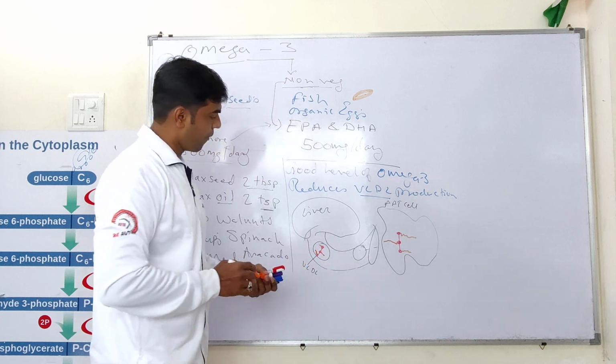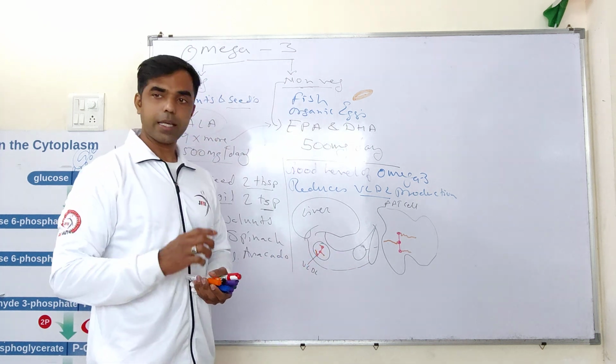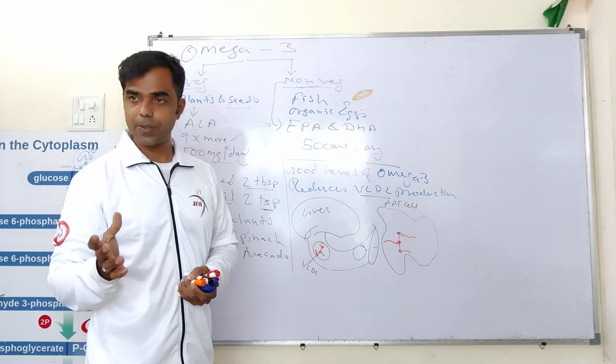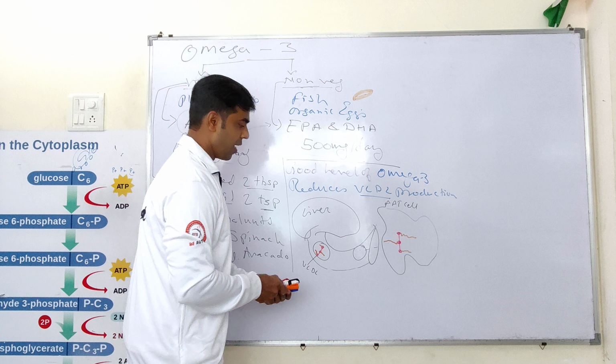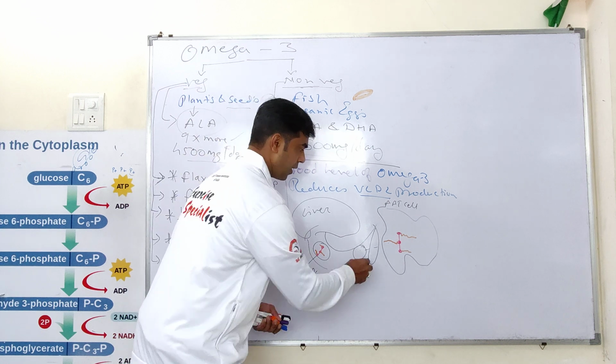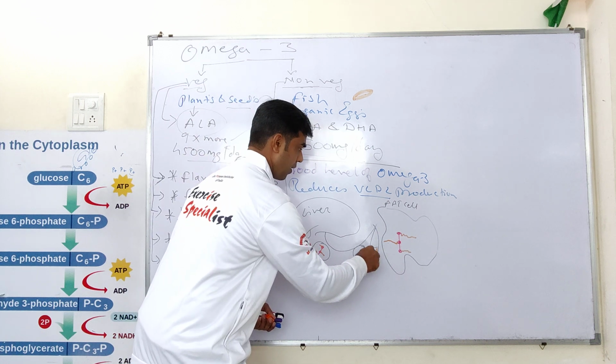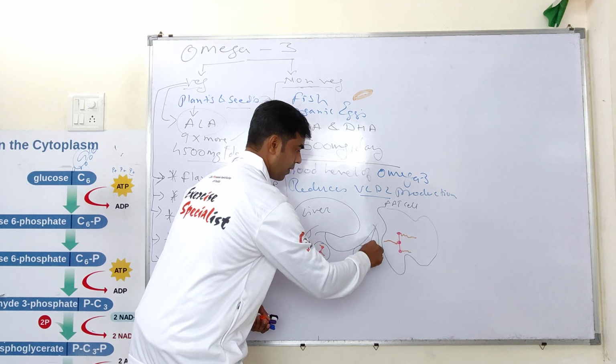Now these VLDL vesicles can clog the artery. They can get accumulated at one place and create a plaque.